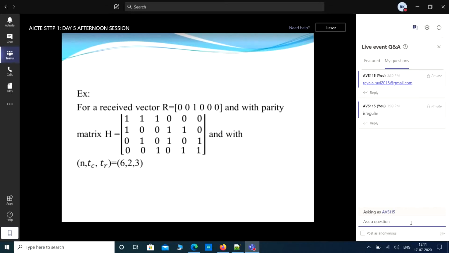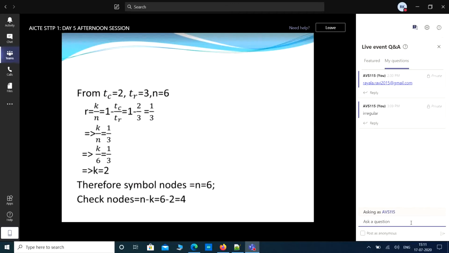In this parity check matrix, the received code word is 001000. I have already given the mathematical equations for finding the code rate and the number of information bits. We know tc, tr and n.